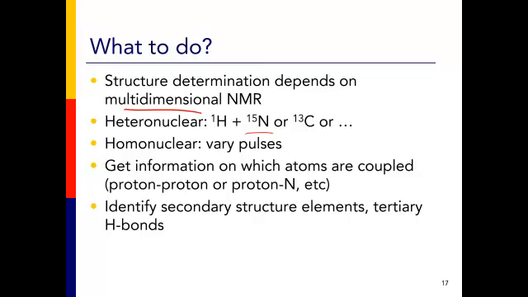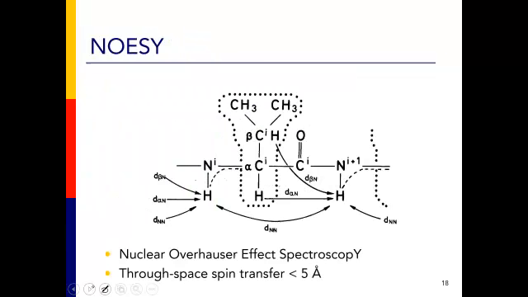For the most part, if you have a protein you're studying by NMR, you know the sequence. So you would know the connections in the primary sequence. What you're trying to figure out is how that primary sequence is folded up into secondary and tertiary structure. That's the challenge. The only method I want to tell you about and have you try to understand, and I'll do my best, is what's called NOESY. NMR people come up with wacky abbreviations for things.